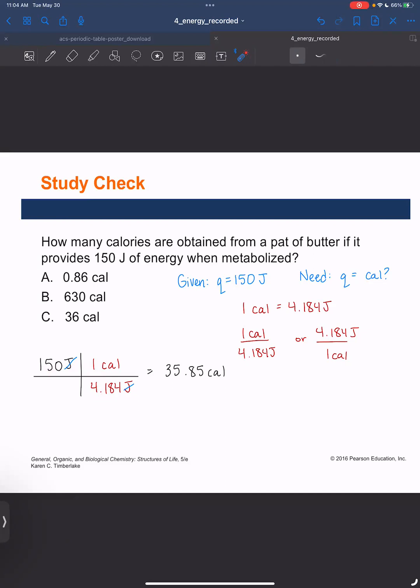In this case, this given value is 2 significant figures. The trailing 0 doesn't count without a decimal point. And these are treated as exact numbers. So we need to report the final answer to 2 sig figs. So we would round up. So the final answer would be 36 calories, and that is letter C.